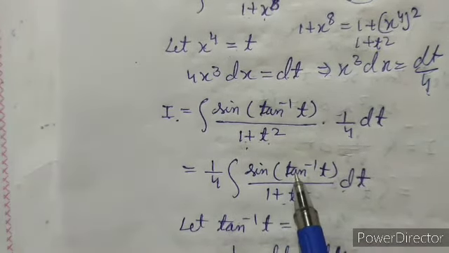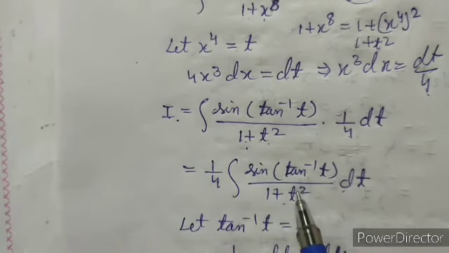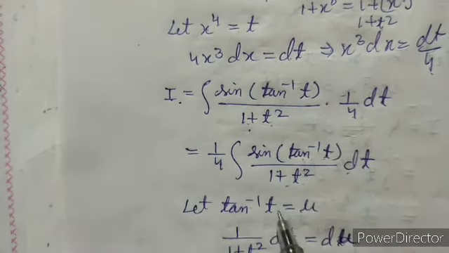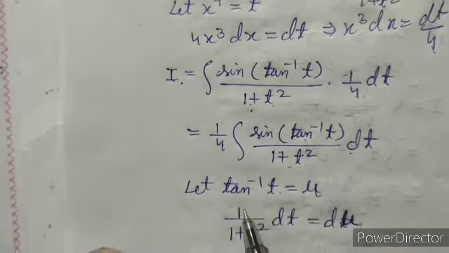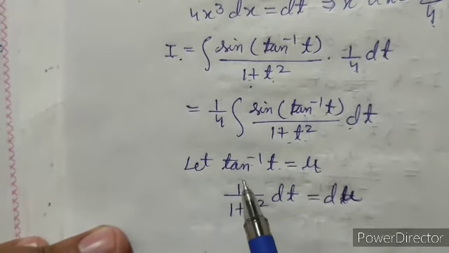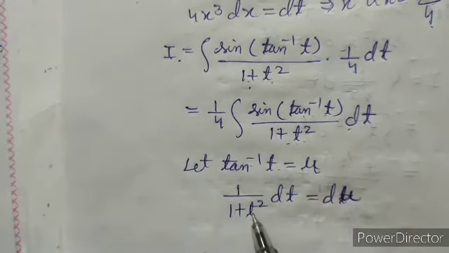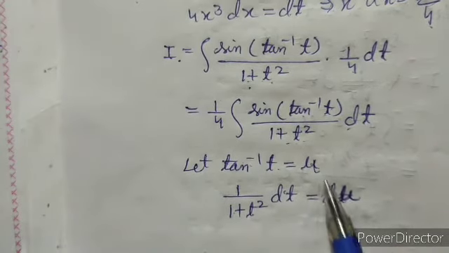Now here the derivative of tan inverse t will be 1 upon 1 plus t square. So we will take tan inverse t as u, and on differentiating both sides we will get 1 upon 1 plus t square dt equal to du.